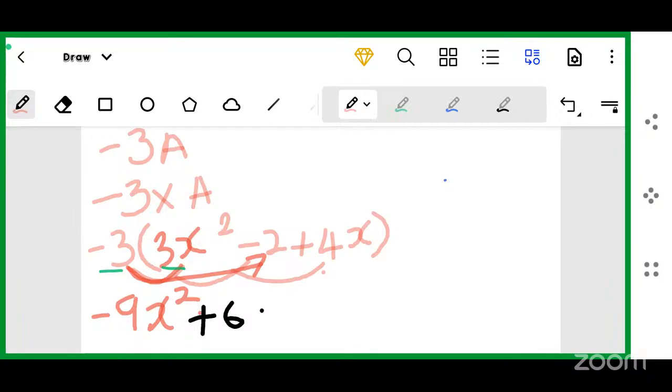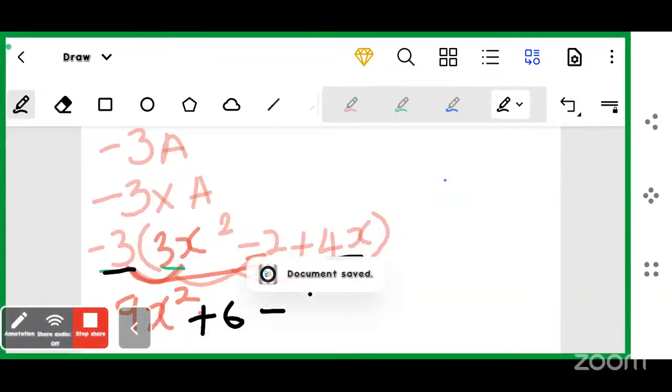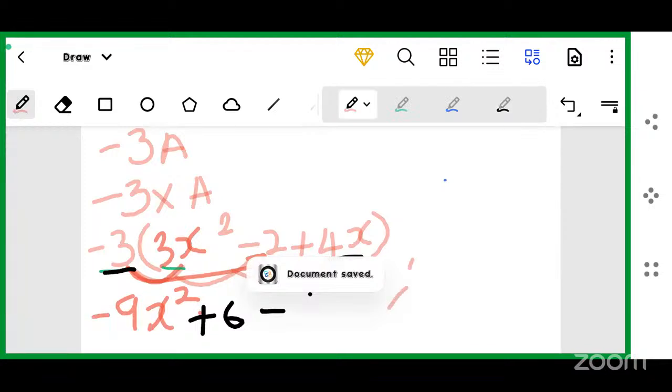And then what is going to be -3 multiplied by +4x? -9x plus 6 equals. Okay, now we're dealing with this one. Which one? Okay, wait, sorry about that. I think I should have just written it. So now we're dealing with -3 multiplied by +4x.